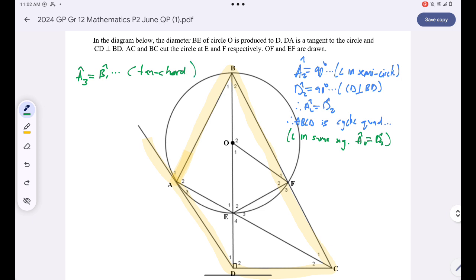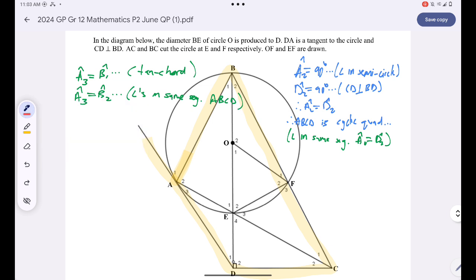Are you together? But I also know that angle A3 is equal to B2. These are just angles in the same segment of cyclic quad ABCD. Remember, we've proven that we have a cyclic quad there, right?